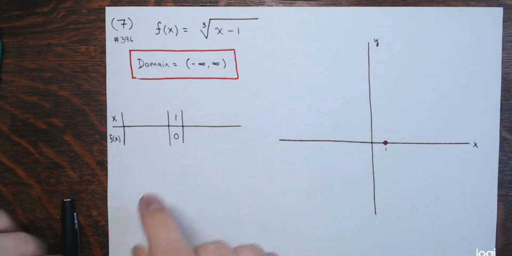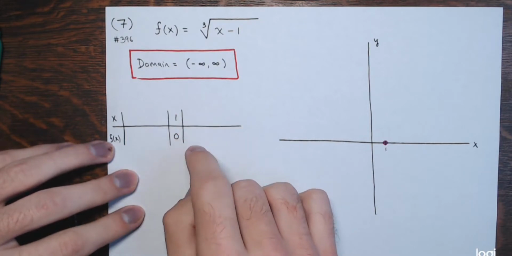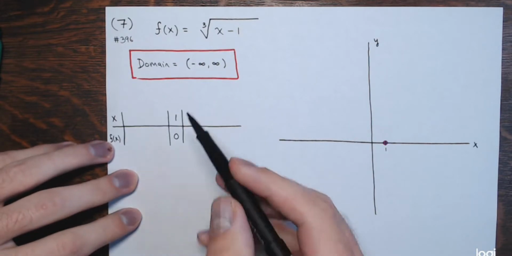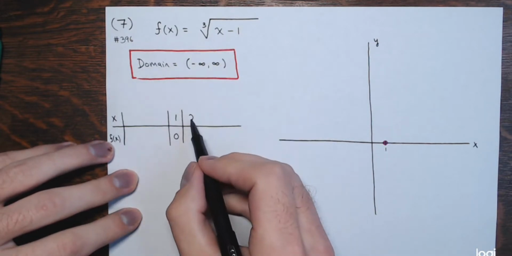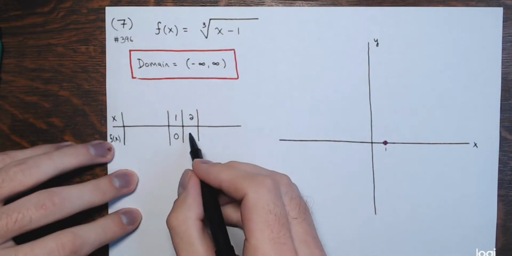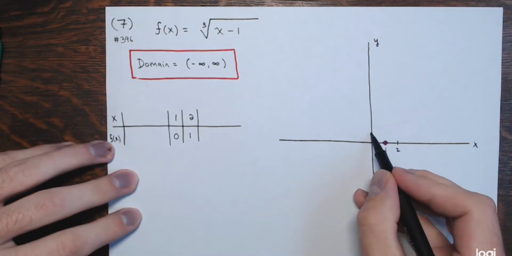Alright, now, I'm going to start going to the right first. Get my positive cubes. Now, 1 is a positive cube, 1 is 1 cubed, so if I plug in 2 for x, that'll give me the cube root of 1, which is 1. So input 2, output 1.